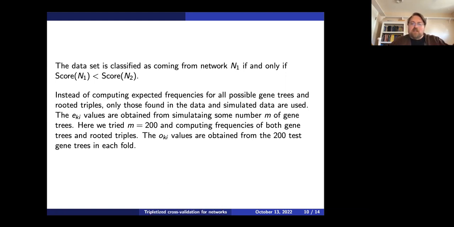So the idea is you have observed data, which is the test data, and then you have the expected frequencies, which are simulated from the inferred network. And you're trying to see how similar the observed values are to data that's simulated from the network, which is like a parametric bootstrap.